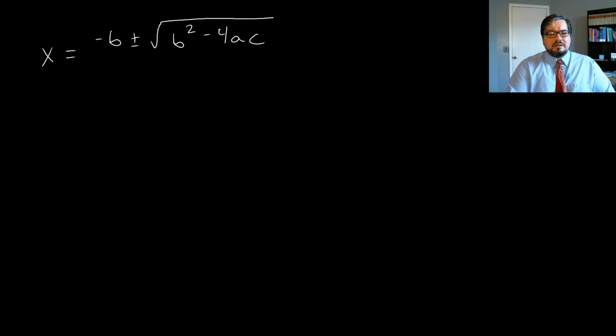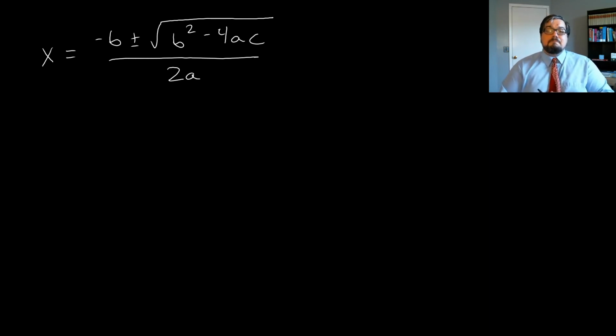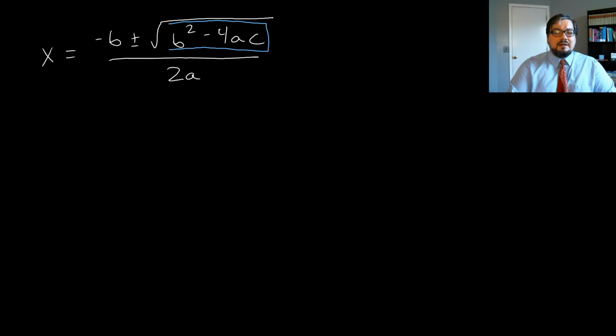So we can use that part of the quadratic formula, x equals negative b plus or minus the square root of b squared minus 4ac over 2a, to predict, describe, know how many and what kind of solutions we're going to have. And it's all based on the stuff that's inside the square root.